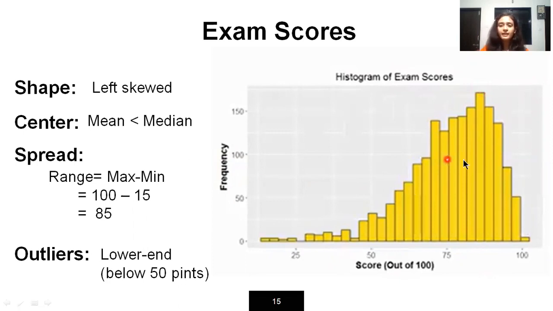Other students get scores in the range of, suppose this is 70. So the maximum number of students get scores around 70 to 90. There are only a few students who get 100 out of 100, and only a few students who fail, getting only 15 marks out of 100. I will call this part the outliers.